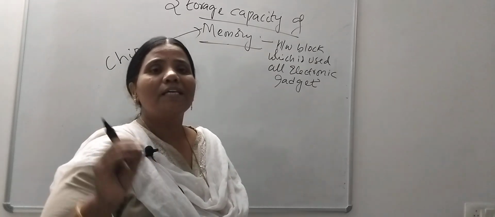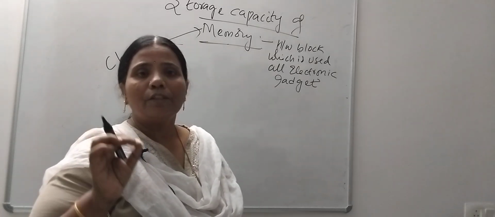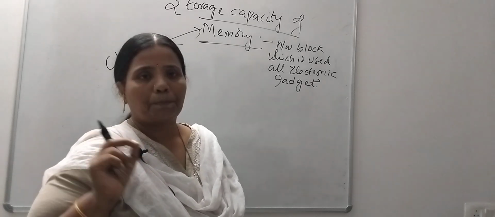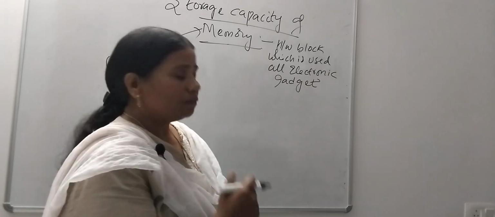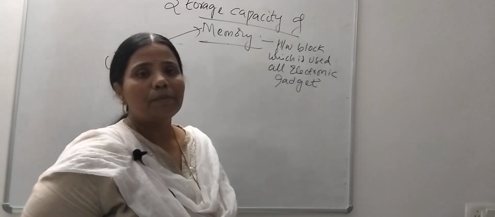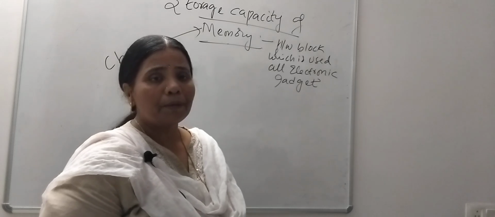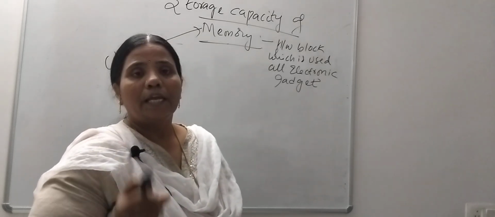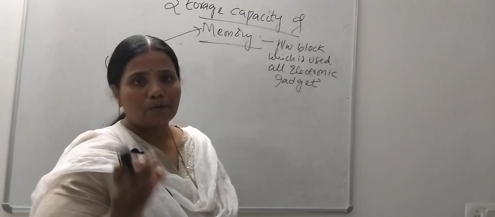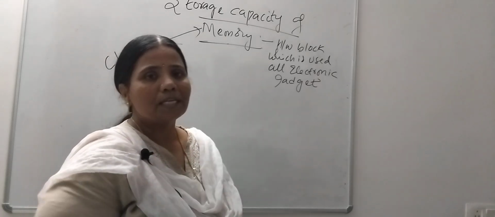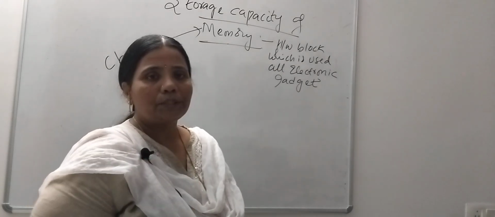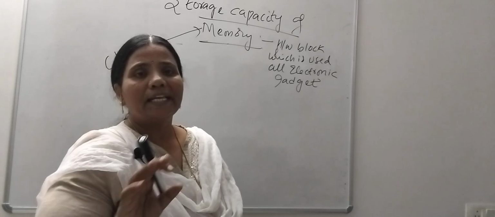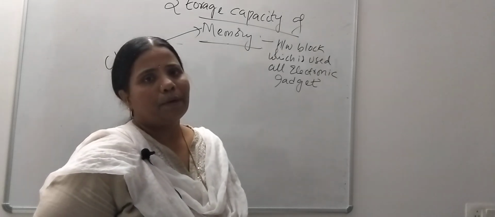Remember that memory circuits are available in the form of integrated circuits or chips, and they are mainly used as storage circuits in all your electronic gadgets like your mobile phone, laptop, desktop, robot, washing machine, ATM machine, any electronic gadget you take. Every electronic gadget has memory inside it.